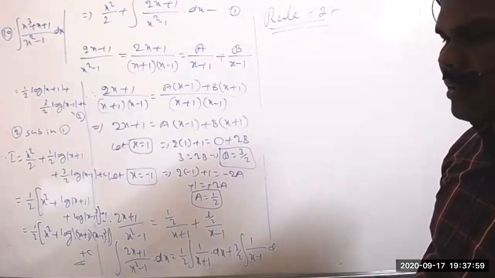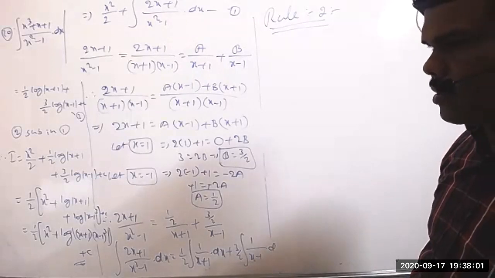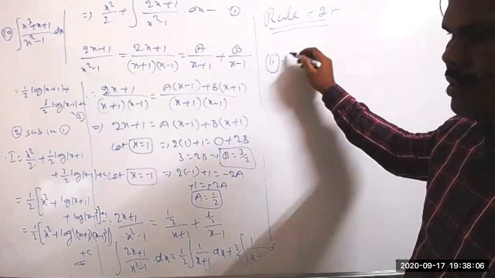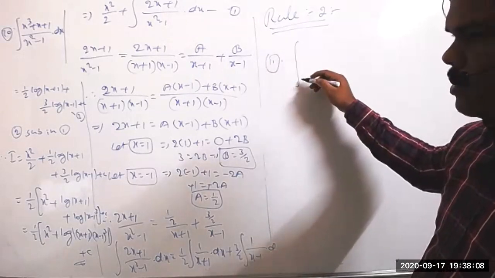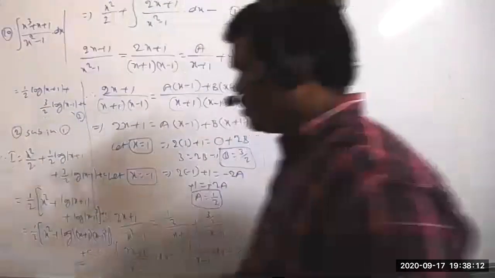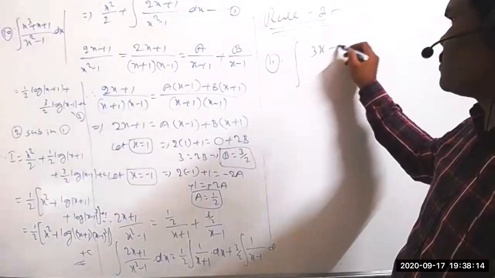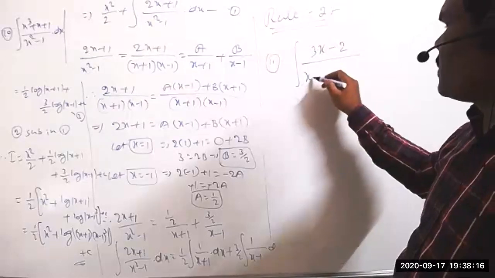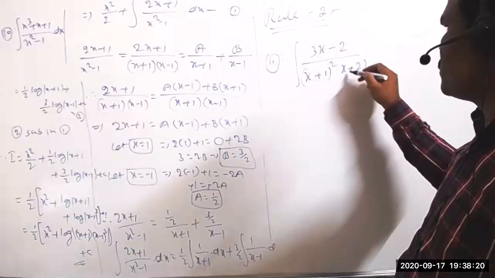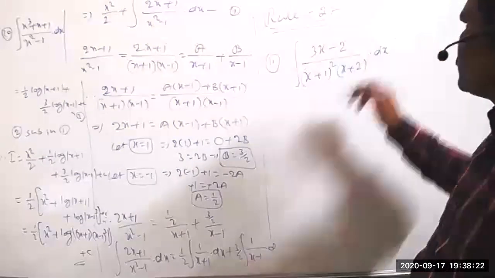Then how to find the integration? 11th question: integration of 3x minus 2 by x plus 1 whole square into x plus 2, dx.